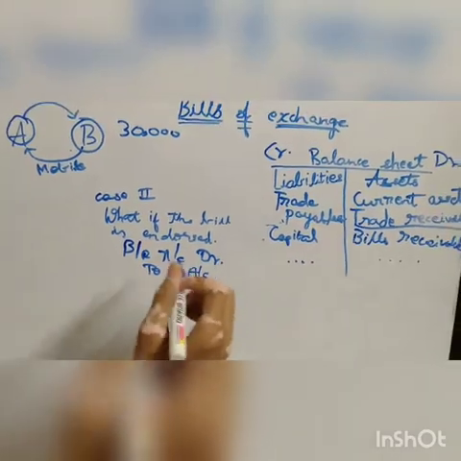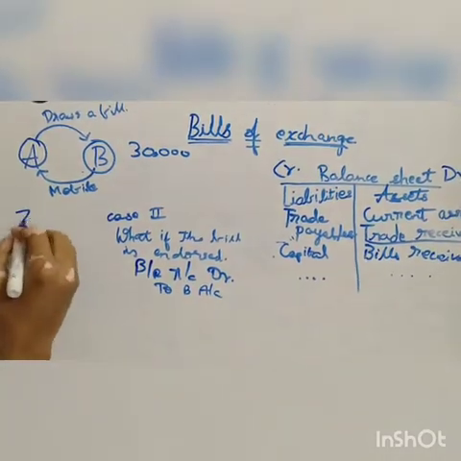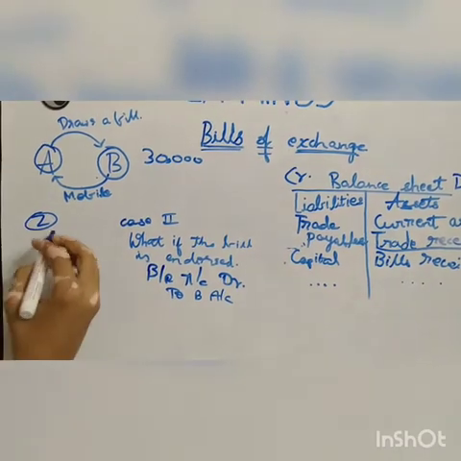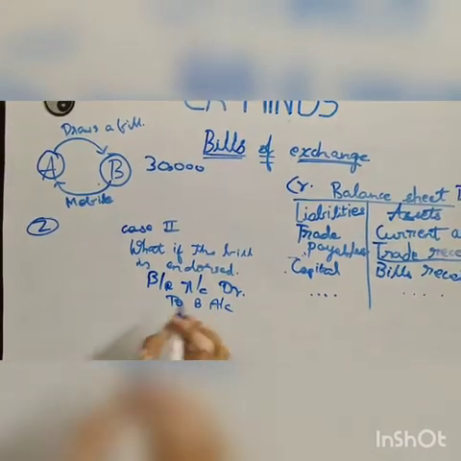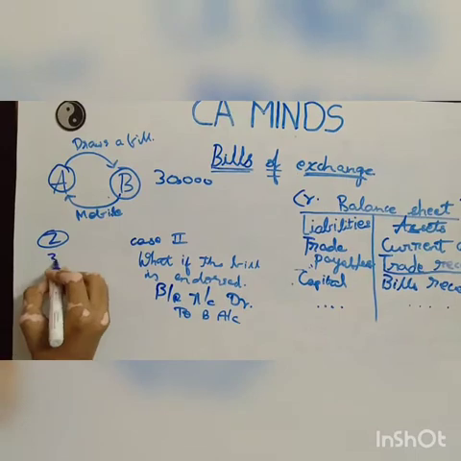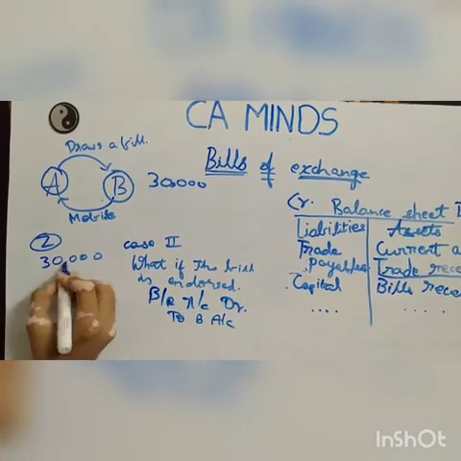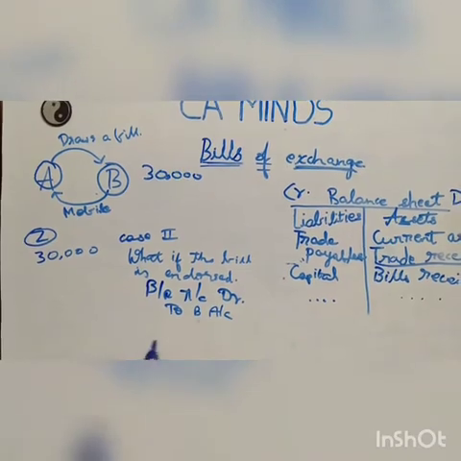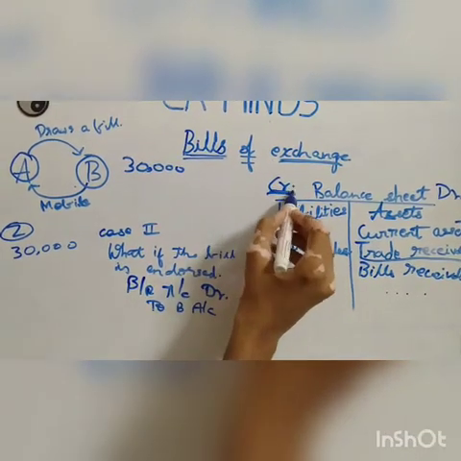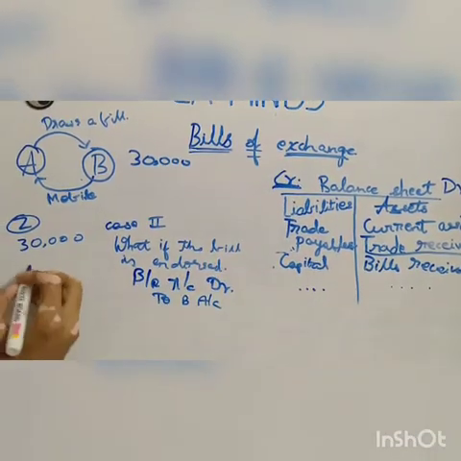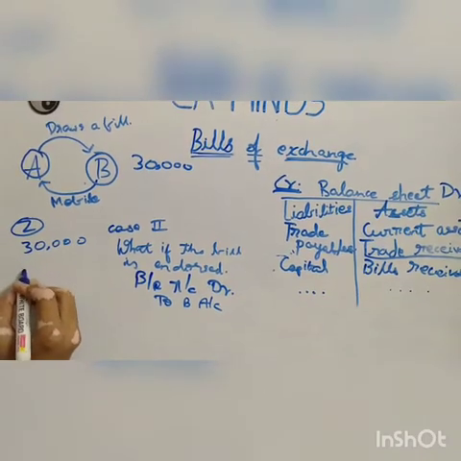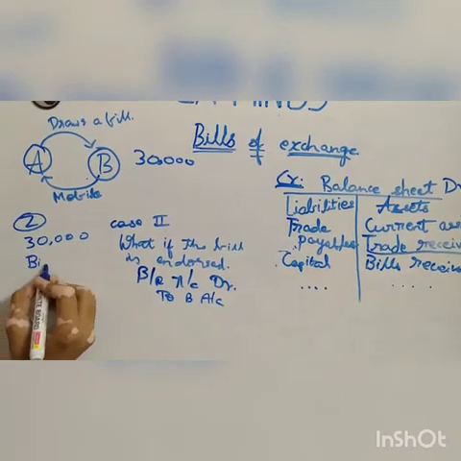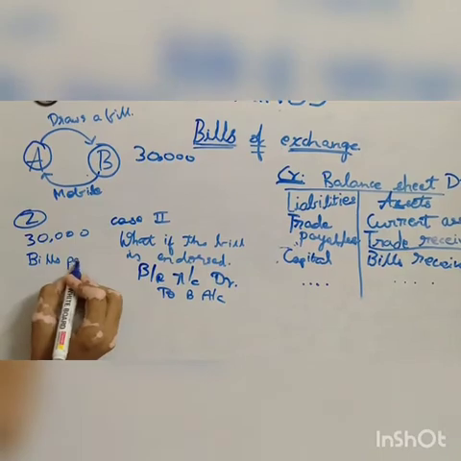Then what happens when the trade payable, let us say Z, comes and demands money, for the same 30,000? Since trade payables is a credit balance, you have to debit it.